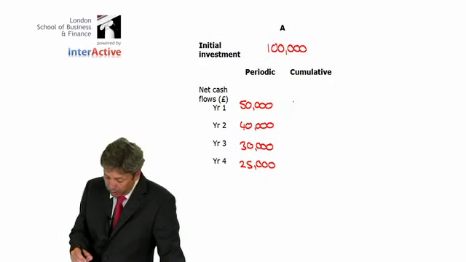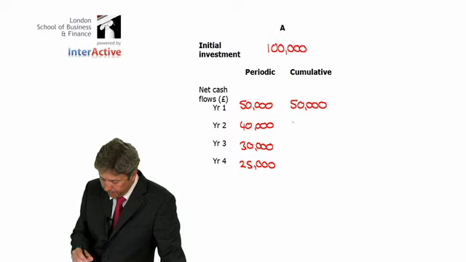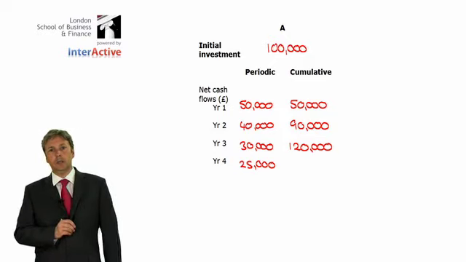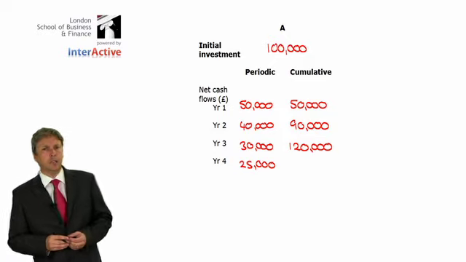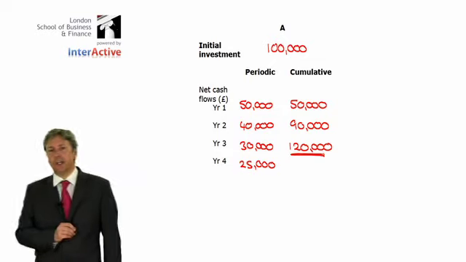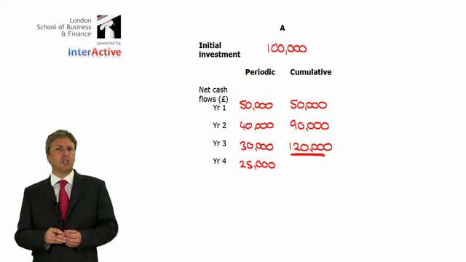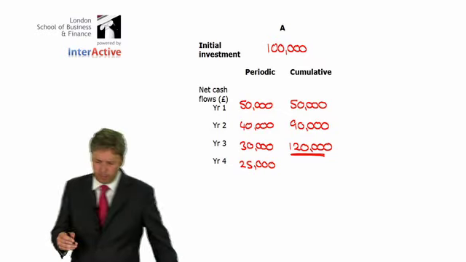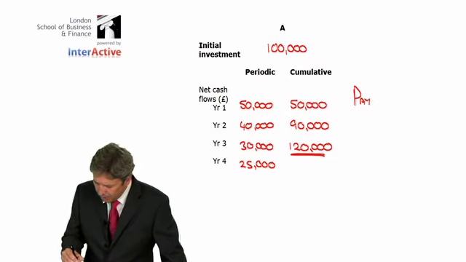Now, if we looked at it on a cumulative basis, cumulative inflow is 50,000 to the end of year 1, 90,000 to the end of year 2, and 120,000 to the end of year 3. So it's not difficult. What we see is that by the end of year 3, we have more than paid back. By the end of year 3, we've received 120,000 in, and we only needed 100,000 for payback. So we could say that payback is something like this.